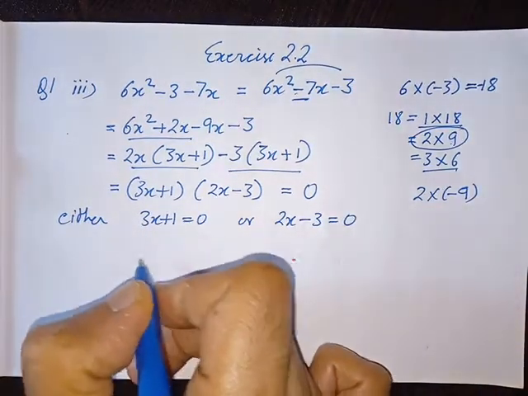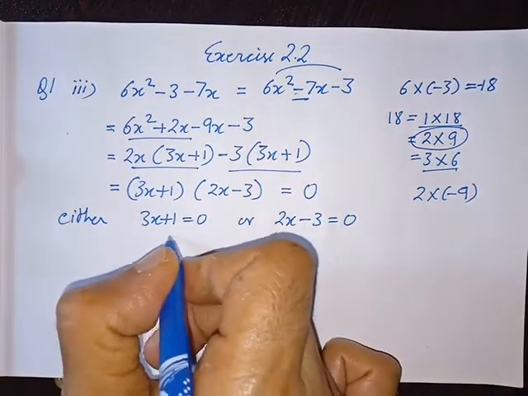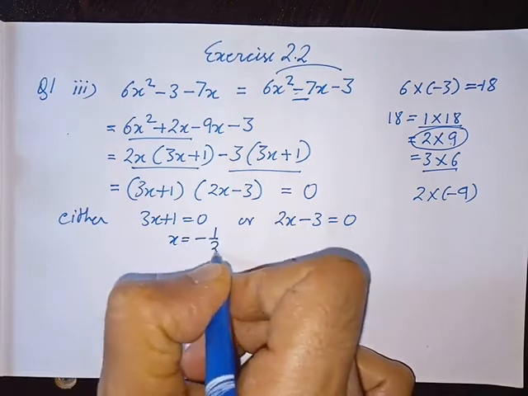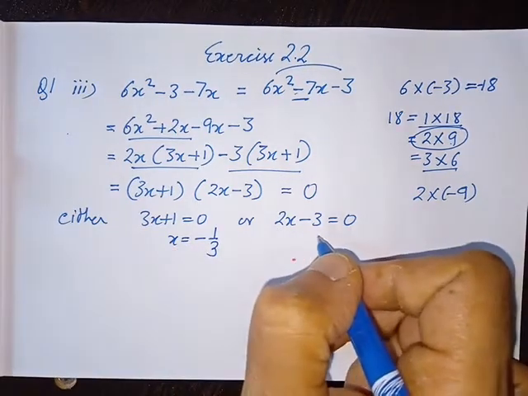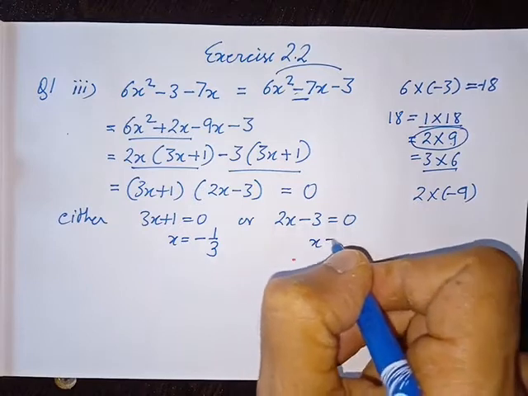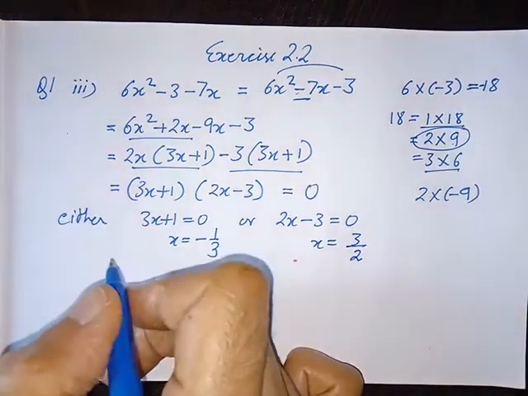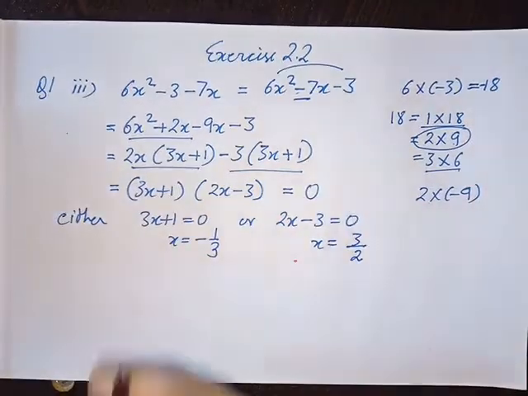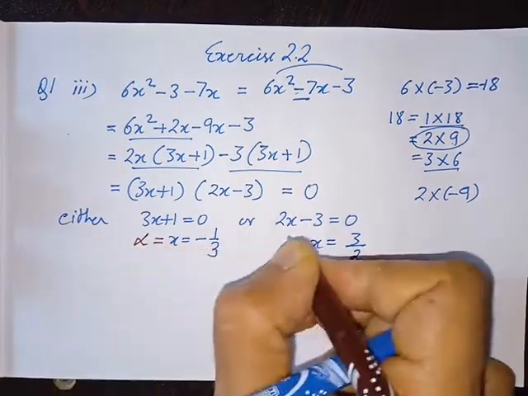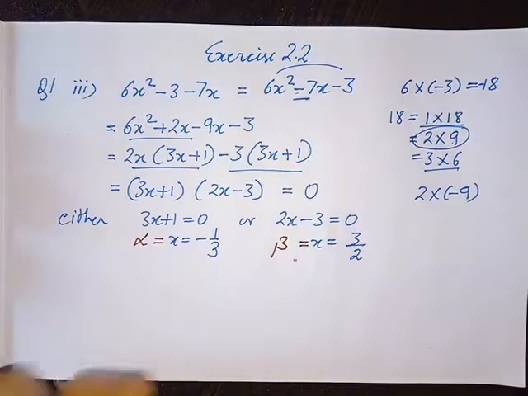If 3x plus 1 is equal to 0, then x will have value minus 1 upon 3, whereas if 2x minus 3 is equal to 0, then x will have value 3 upon 2. Now one of these values is alpha and the other is beta.